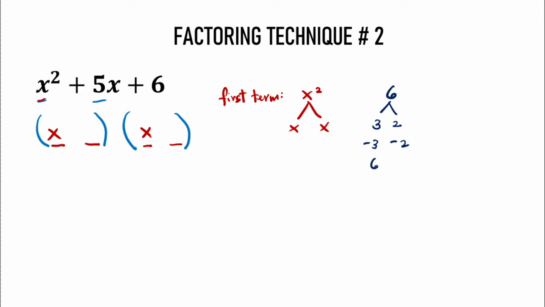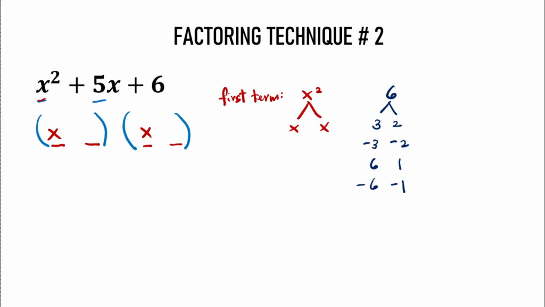Pwede rin 6 times 1 and negative 6 times negative 1. All of these factors result to 6. So, may 4 na pairs of factors. Pipili lang tayo ng isang pair of factors na bubuo ng ating binomial factors.